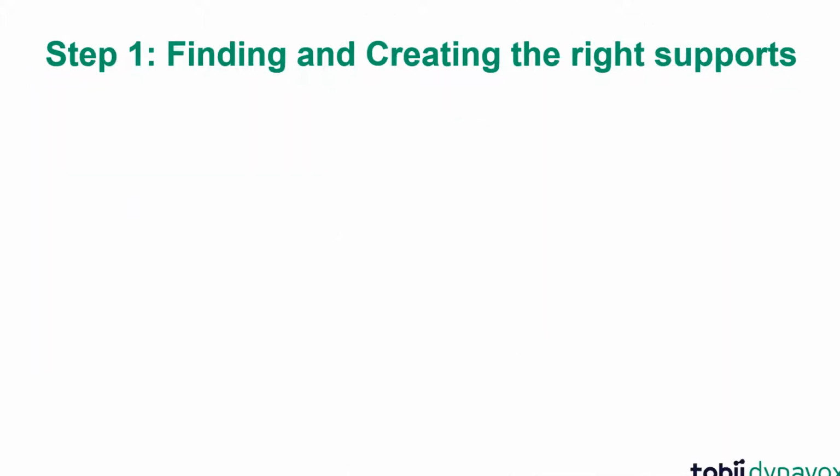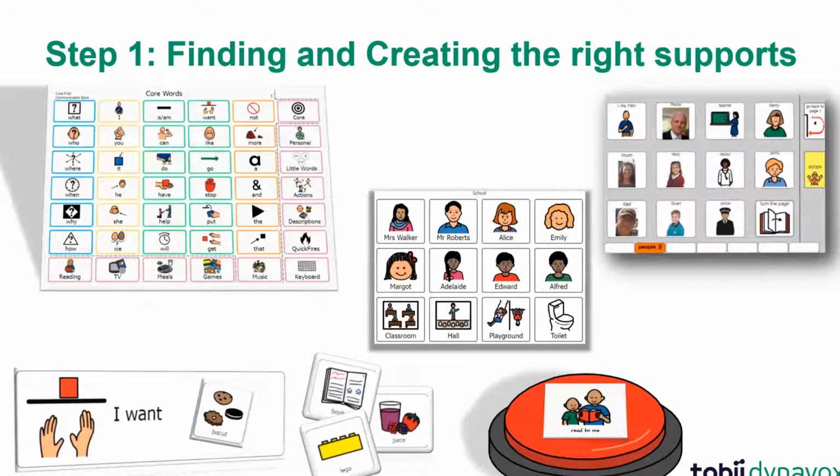So the first step that we're going to look at is finding and creating the right supports. We know that it's important that we consider the individual needs of our learner and what will work best for them. So this could include choosing the right type of support.